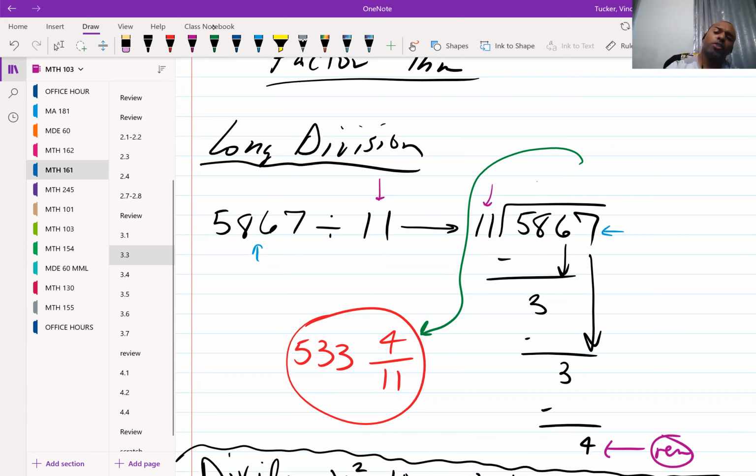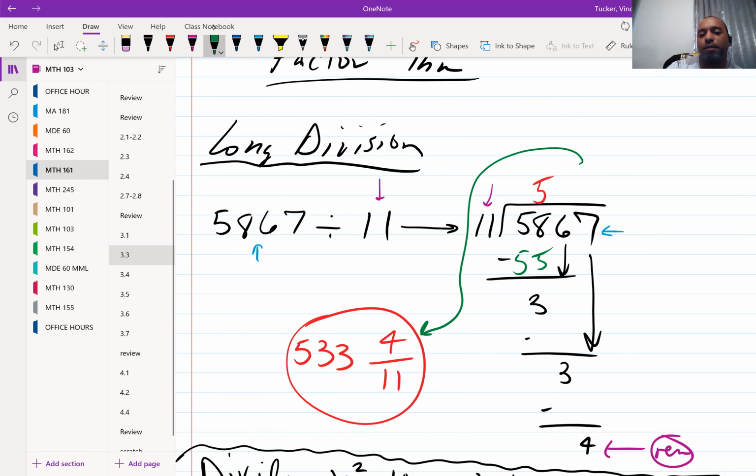All right. So now you're comparing 11 to 5. 11 doesn't go into 5, but it goes into 58 5 times, because that's the largest number that 11 can produce that's under 58. Then 5 times the 11 gives you 55. Subtract.